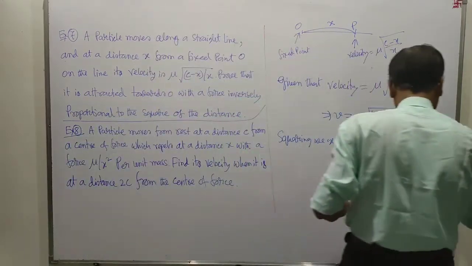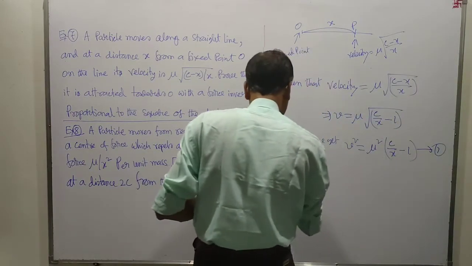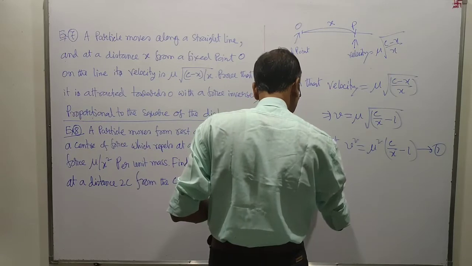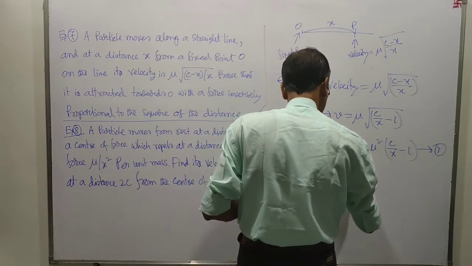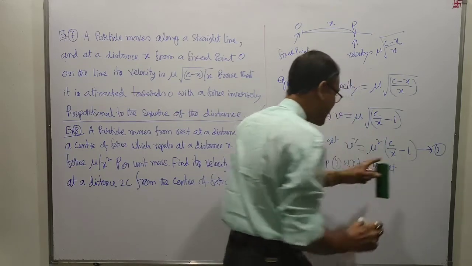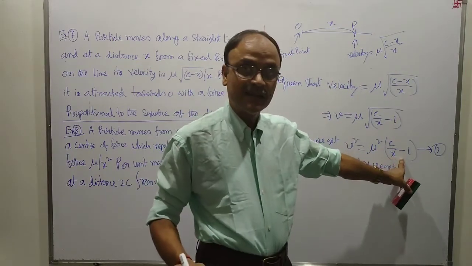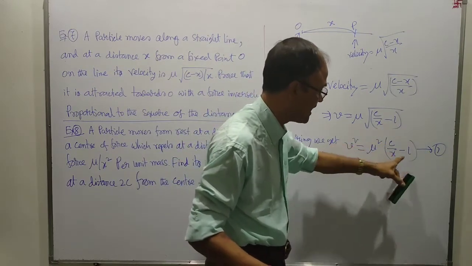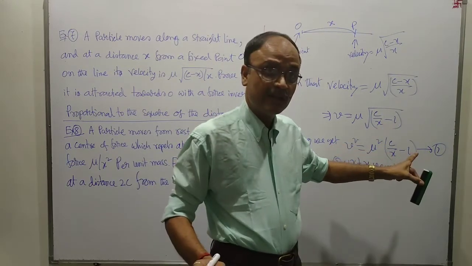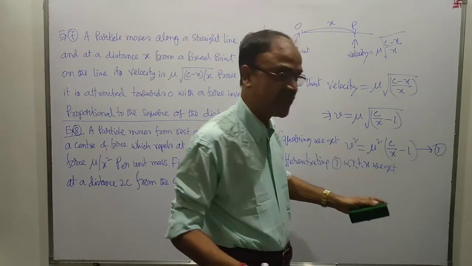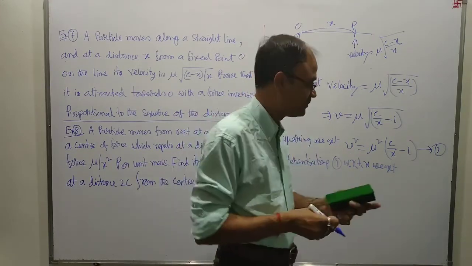Suppose this is number 1. Differentiating 1 with respect to x, because the right hand side is a function of x. The expression on the right hand side is of x, not t. If it were t, then we would have differentiated with respect to t.